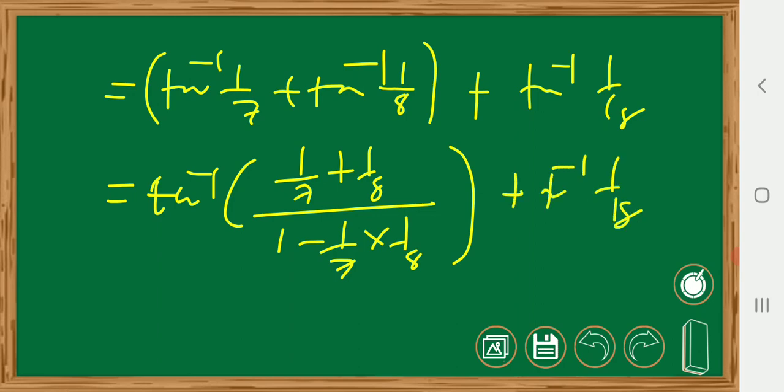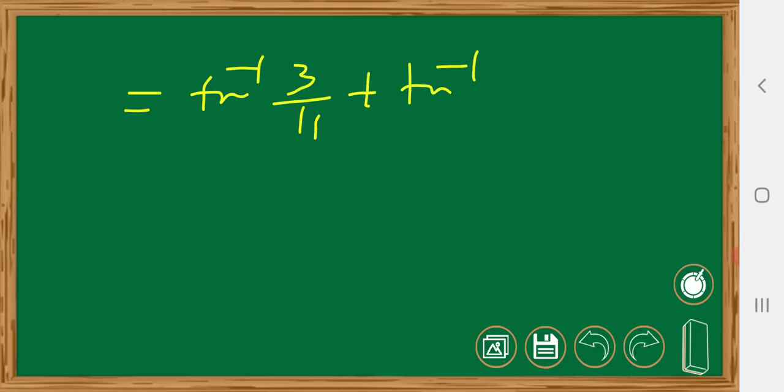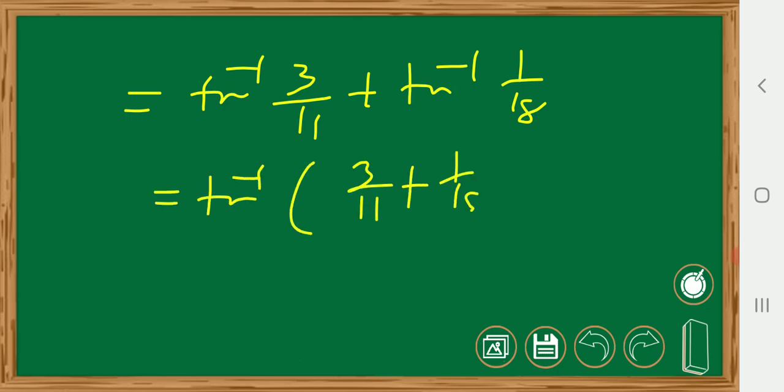So you will get this result equal to tan inverse 3/11 plus tan inverse 1/18. Okay. So in this way, again we apply the formula: tan inverse of (3/11 + 1/18) divided by (1 minus 3/11 into 1/18).